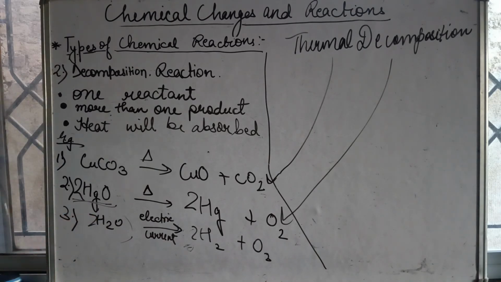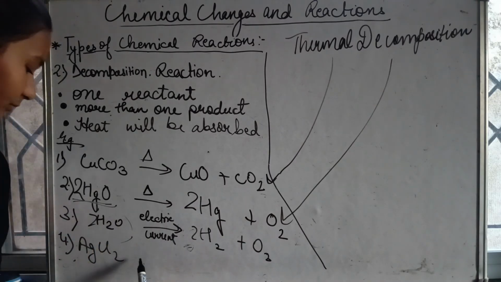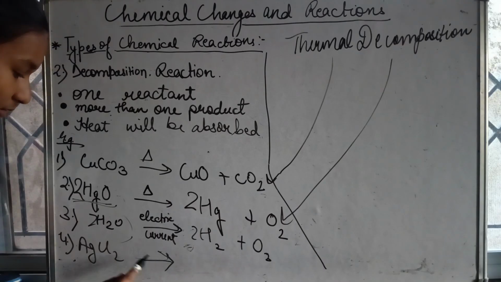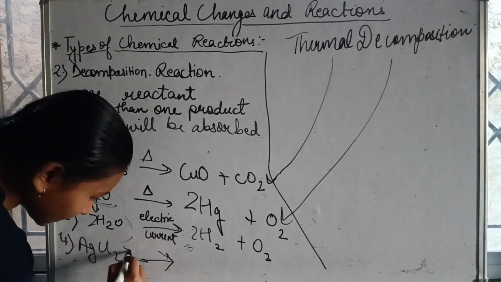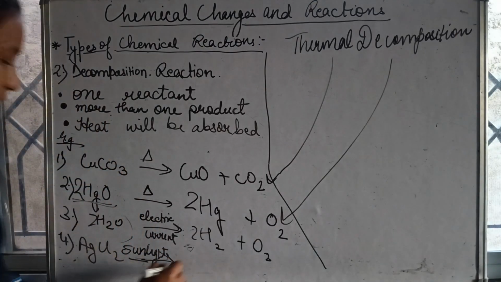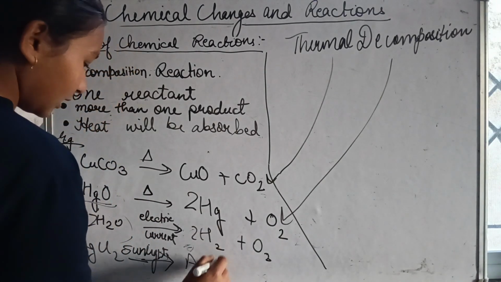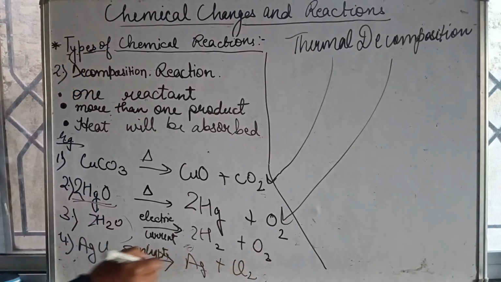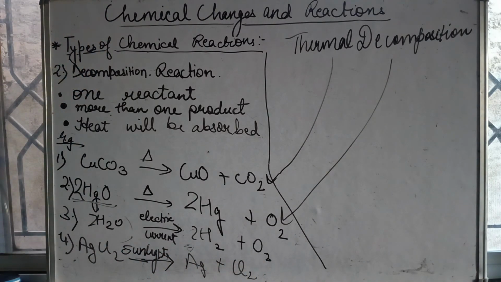Similarly, AgCl in the presence of sunlight decomposes into Ag and Cl2. So these are the examples. Now we'll see the decomposition of metal hydroxides.